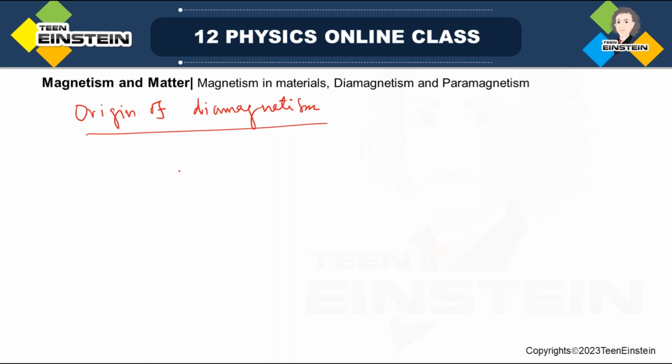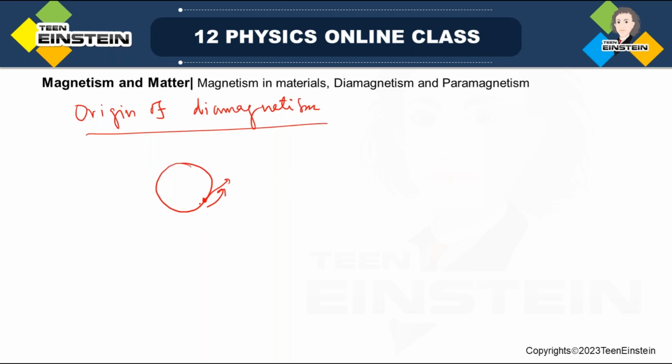Suppose there are a huge number of atoms, and there will be electrons in each atom. Suppose some electrons are orbiting in the anti-clockwise direction.